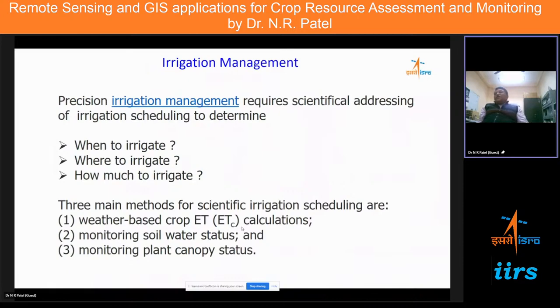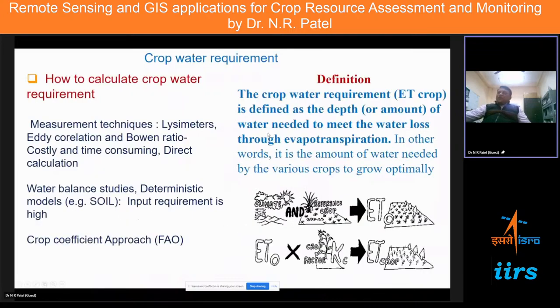So we need to monitor water status, plant canopy status, and crop evapotranspiration status. So how can we map crop evapotranspiration? Crop water requirement is the maximum amount of water required by any crop to meet the evapotranspiration losses and metabolic losses. That is called crop water requirement.